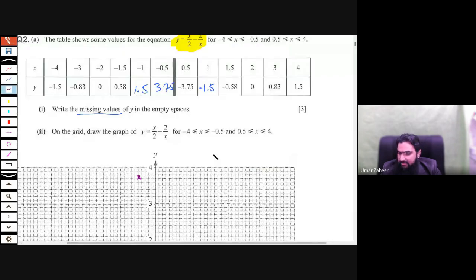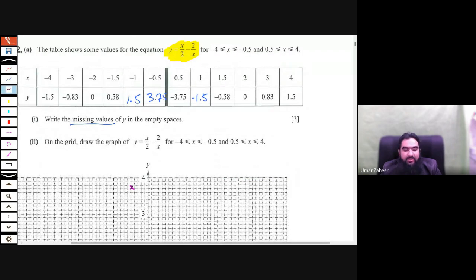Now next one. Be careful: if you plot the wrong points, the rest of all the parts are going to be wrong. You will get the wrong gradient, the wrong lines, the wrong solutions. So be careful. At 2, it is 0.